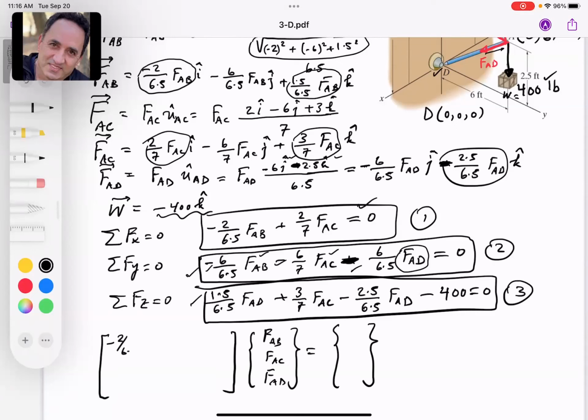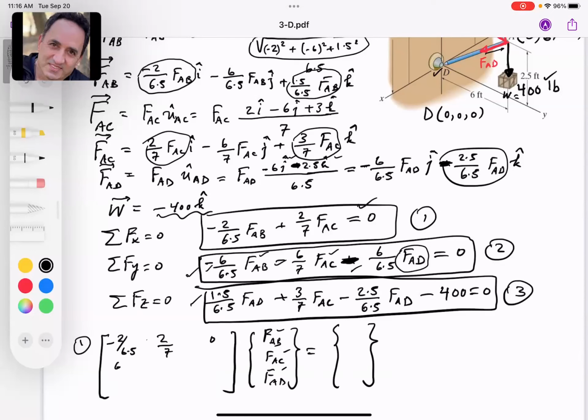So if you want to make a matrix, guys, here we go. These are the coefficients, in order FAB, FAC, FAD. So for the X, the contribution of AD is nothing in the first equation, and the FAC is 2/7. So this is your first equation, right? Nothing from AD.